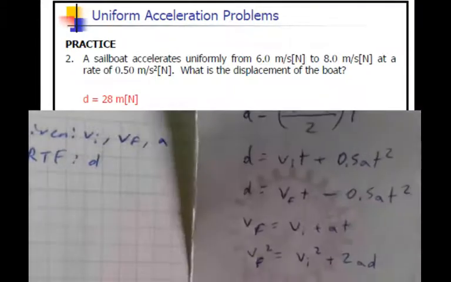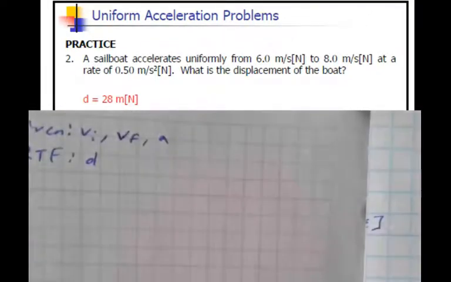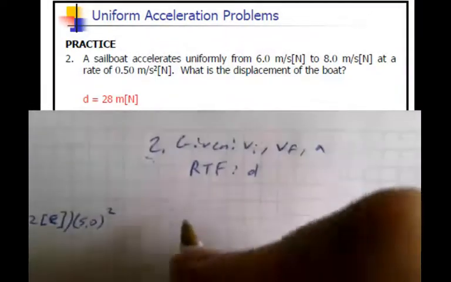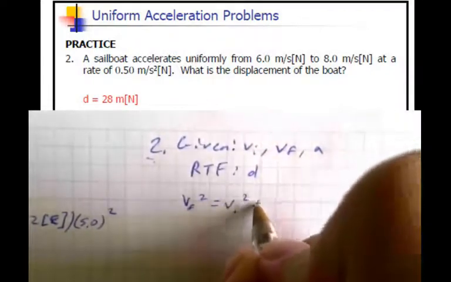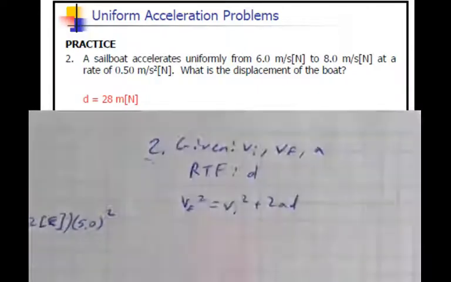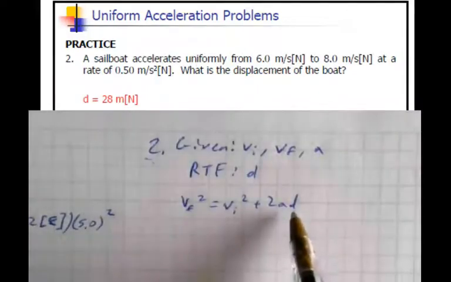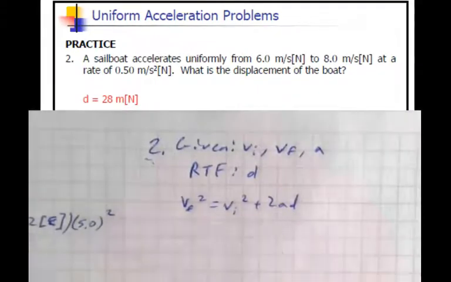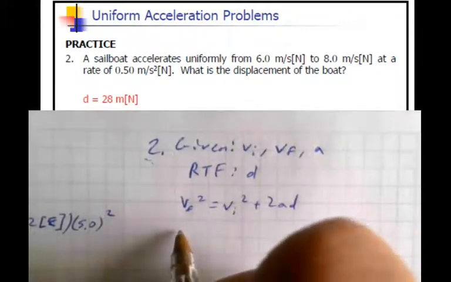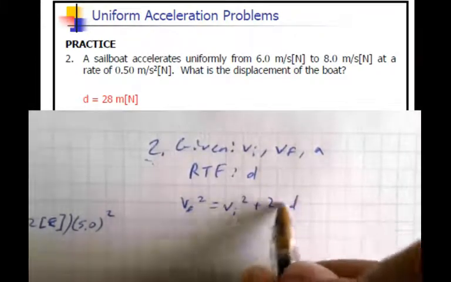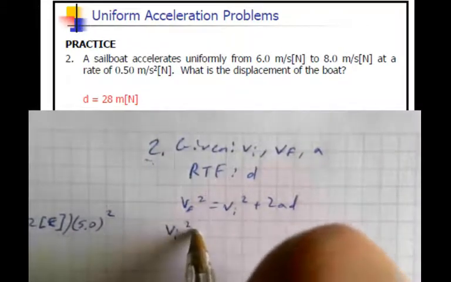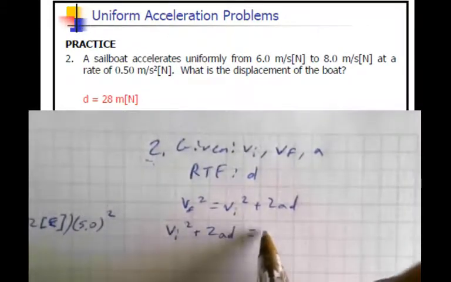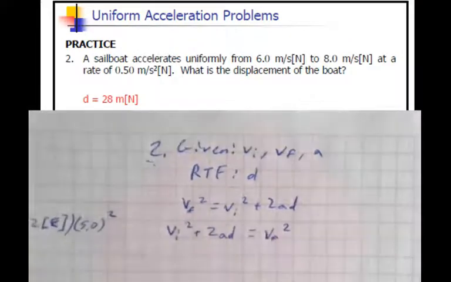And we're going to have to use some algebra to rearrange that. So let's write this down. VF squared equals VI squared plus 2AD. Well, we need to isolate the D. So let's start by writing this entire thing on the left side of our equation.